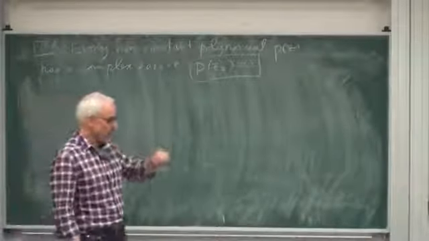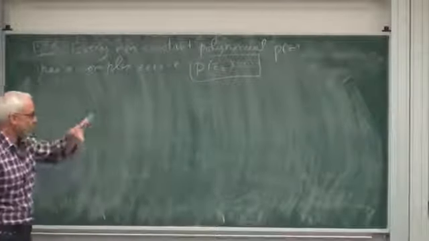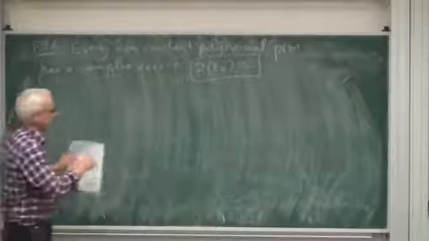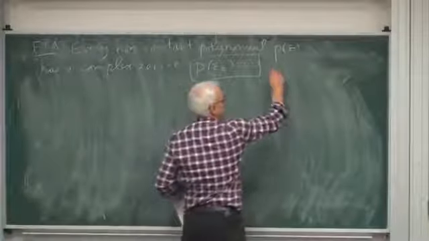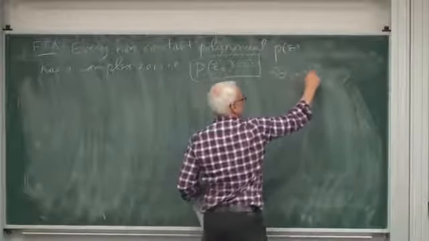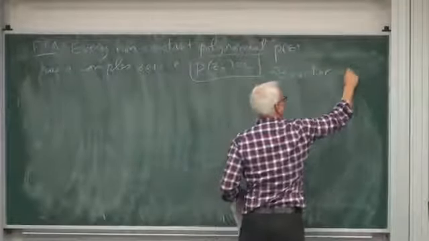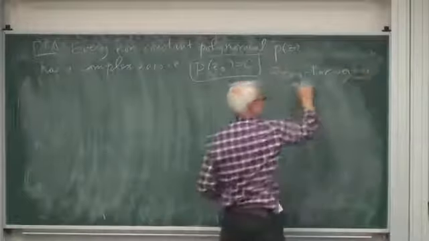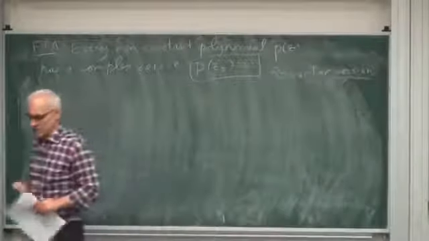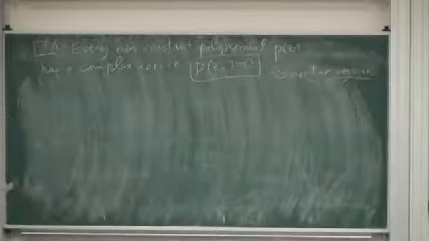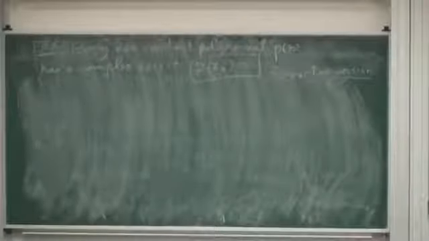Those zeros are in complex conjugate pairs, and so you get quadratic factors. So from this, with a little bit of work, we get the earlier version that I've already stated. So this is the crucial kind of argument.